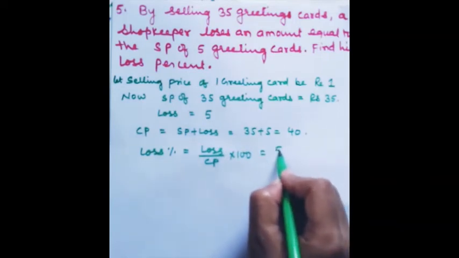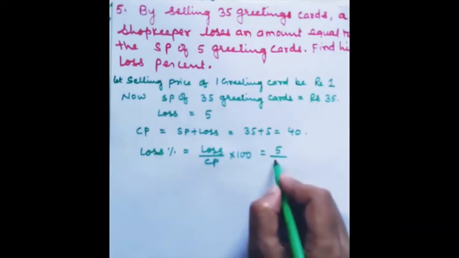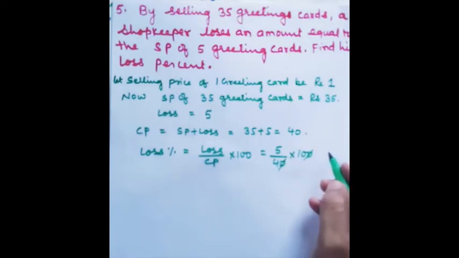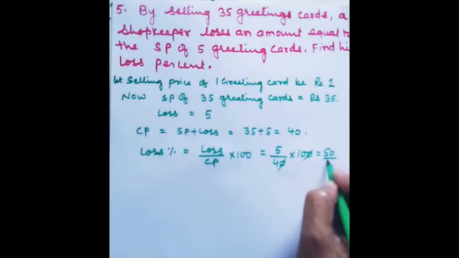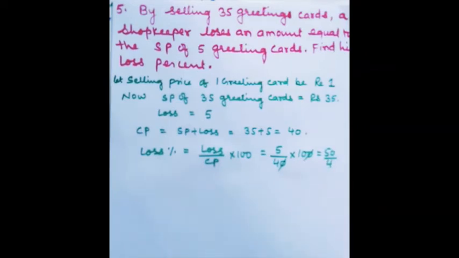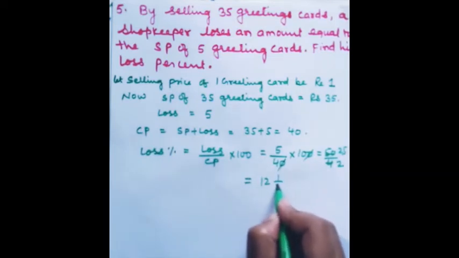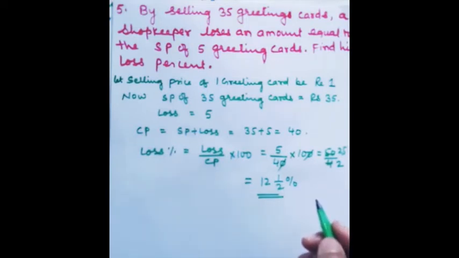Your loss is 5, your CP is 40, into 100. So 0 cancel. 50 by 4. So this will give you 12 1 by 2%. Therefore, the loss incurred by the shopkeeper is 12 1 by 2%.